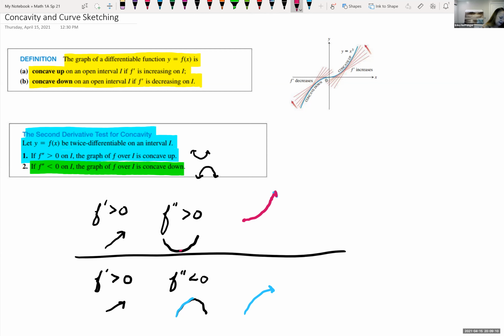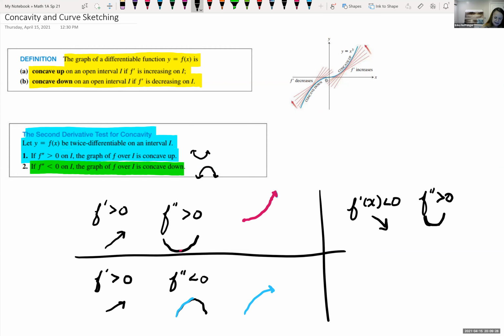So now let's look at what would happen if our derivative was decreasing. Our derivative was less than 0. We know it's decreasing. If the second derivative, let's say, was positive, this is concave up.